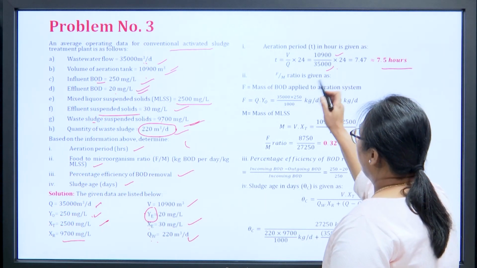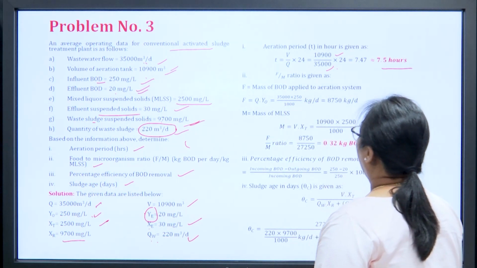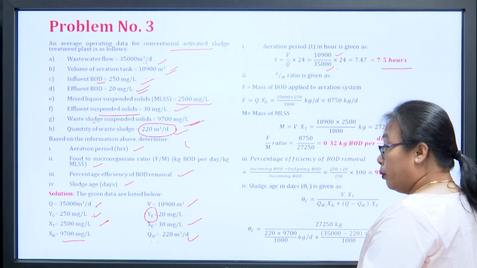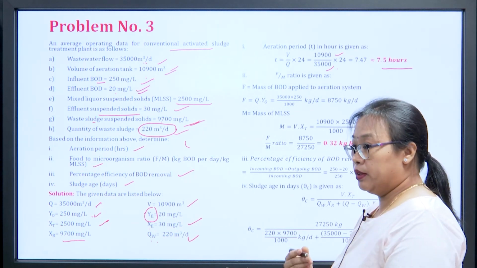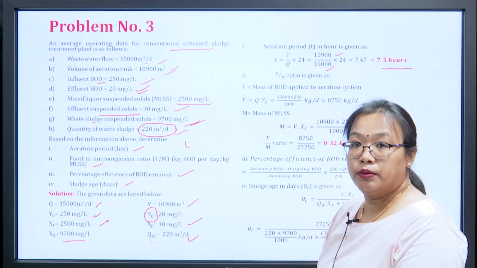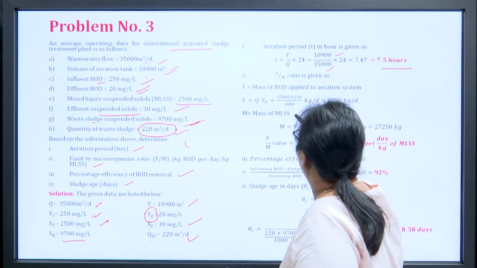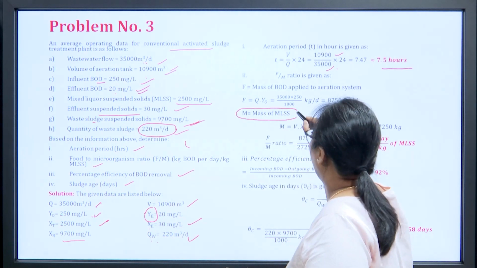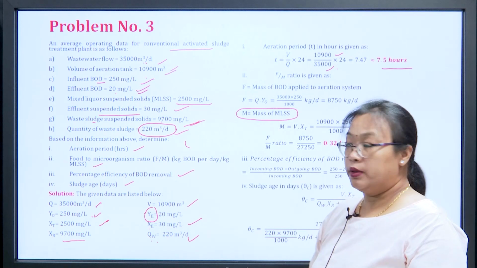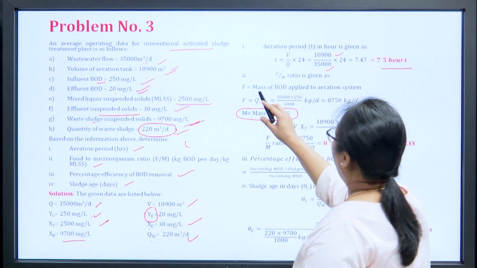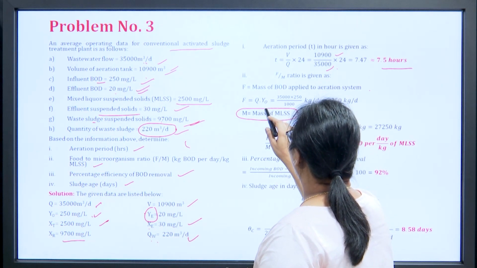F by M ratio, as I already told you, F by M ratio is mass of BOD applied, F is the mass of BOD and M is the microorganisms, right. So, when you talk about microorganisms, we are talking about here MLSS. What we are saying is that the suspended solids are the microorganisms, right. So, we are taking that. So, F is mass of BOD applied to the aeration system, that is Q into Y naught.